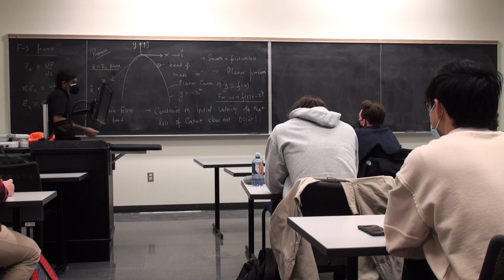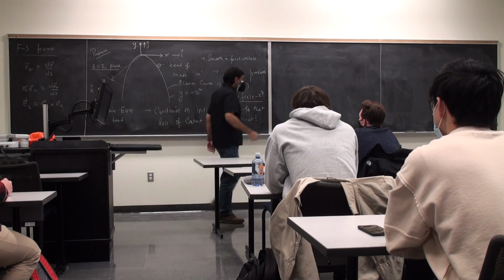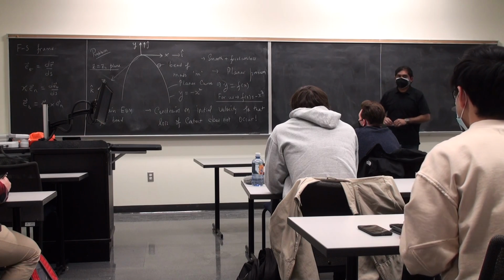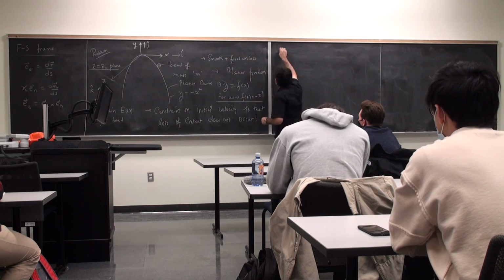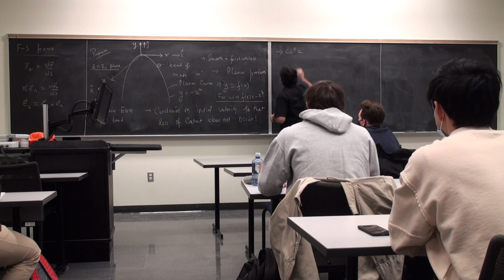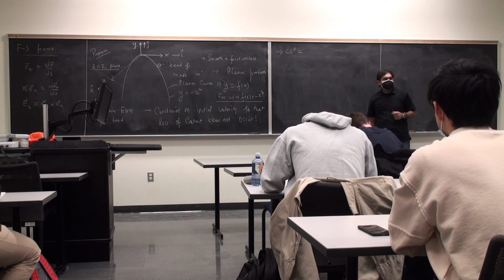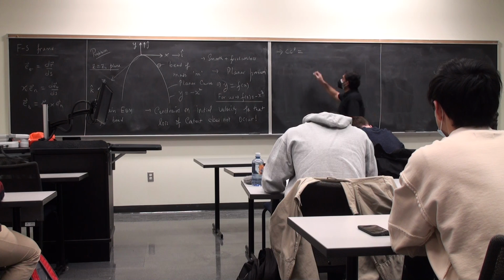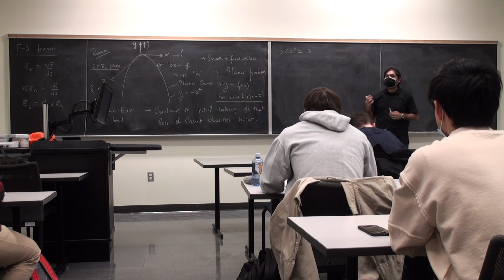So what are the constraints on the problem? What are the configuration coordinates? What are the number of degrees of freedom? Okay. So constraints, configuration coordinates. It's a particle. In the most generic sense, it's going to have three configuration coordinates, one along the x, one along the y, one along the z.